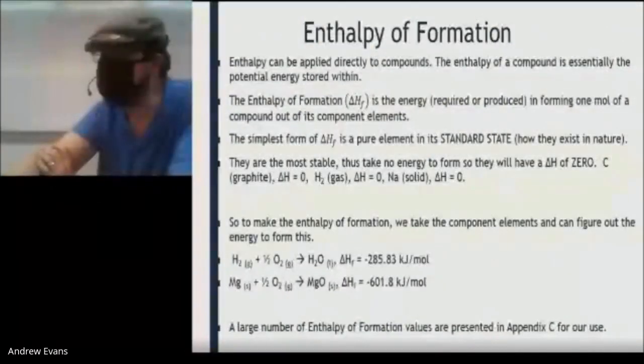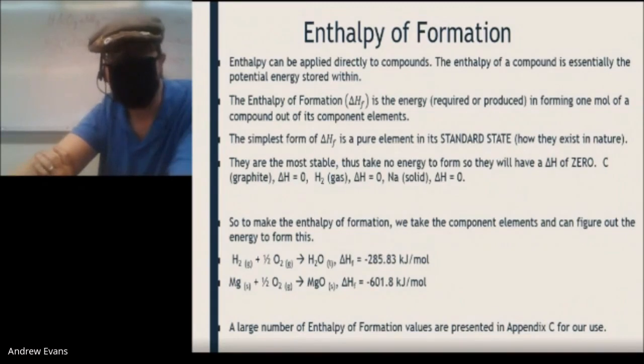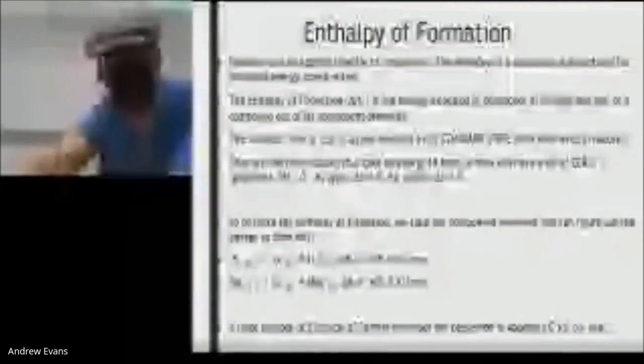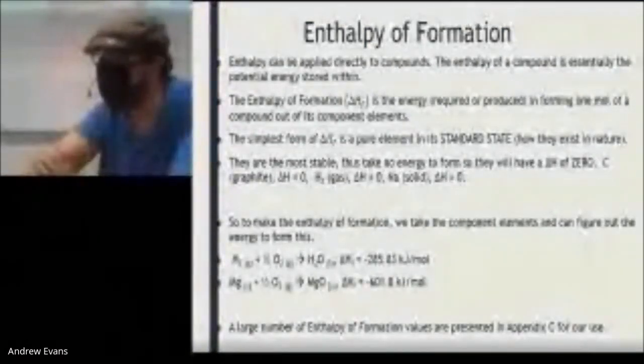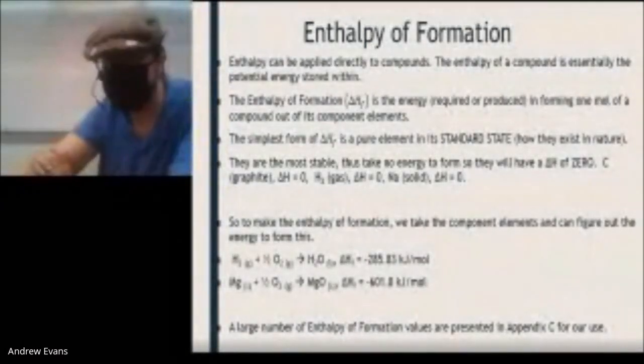If you say how much energy does it take to form ozone from oxygen, ozone is not the most common form of oxygen. It is not the most stable form of oxygen. And so that would be different. That would have a value. If I say how much energy does it take to form 1 atom of oxygen from a molecule of oxygen gas, the monoatomic oxygen, that would have an energy, because that's not how it exists.